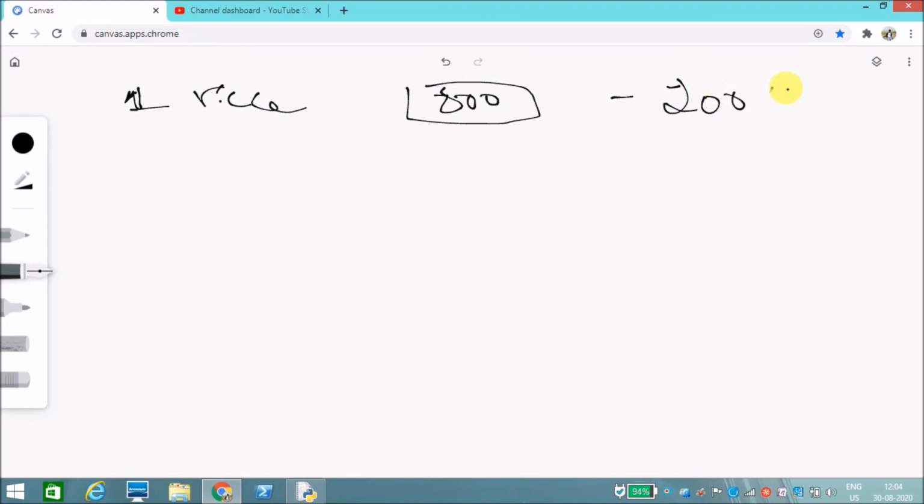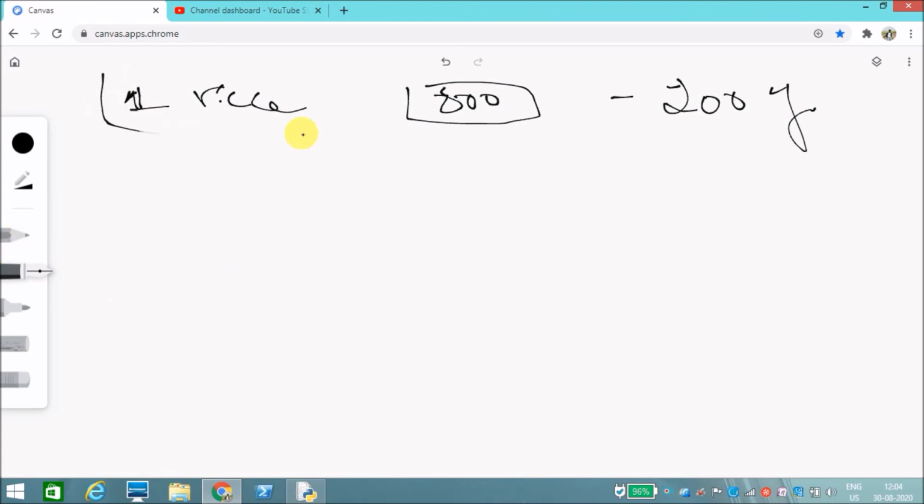Then the next case is, for example, you are selling 1 kg of rice. While selling you sold only 800 grams, so there is a fault in your weightage.